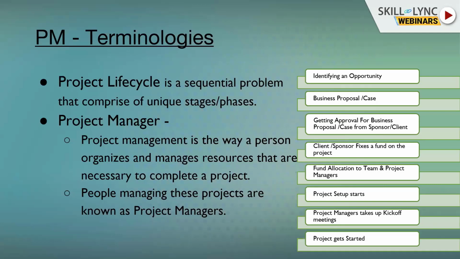If I tell you about the project manager, what does the project manager do? Project management is the way a person organizes and manages the resources necessary to complete a project, which I already told you. But who is that person? That person is actually the project manager, the person who manages the project.